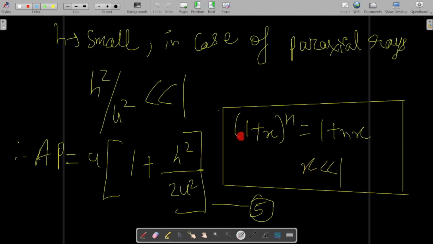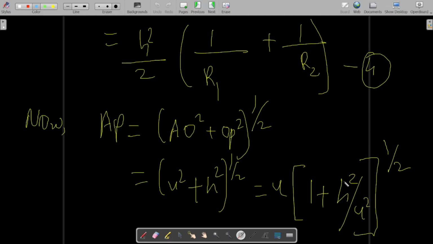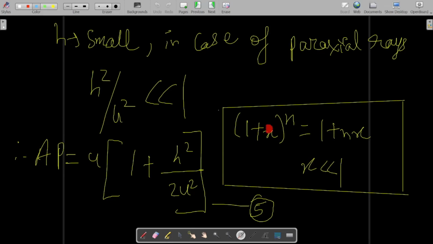Our h square by u square is much smaller than 1 over here, so I can take this half in the multiplication. So by this formula, AP is equal to u plus u into (1 plus h square by 2u square). This is your equation number 5.